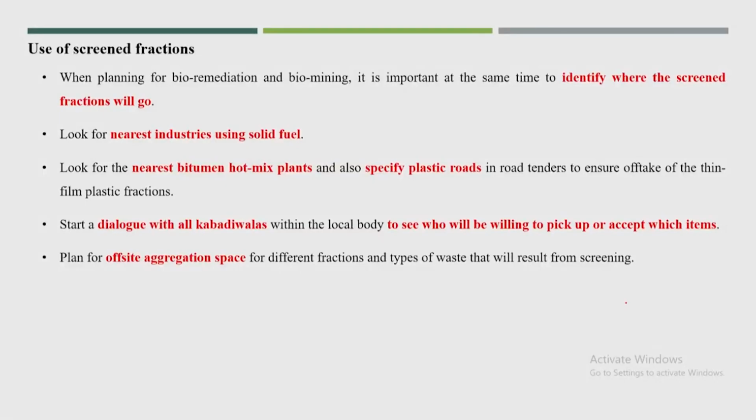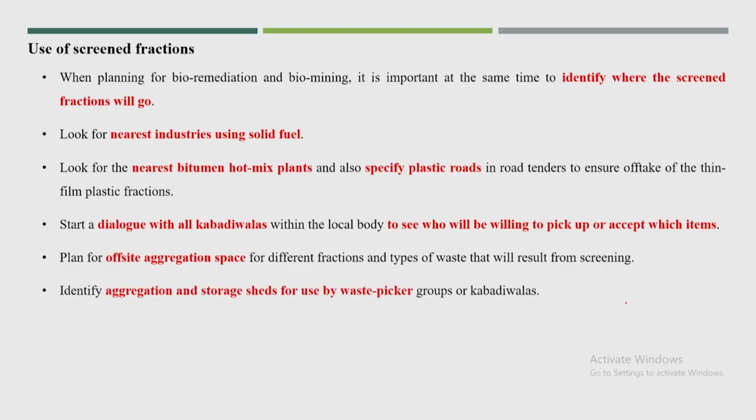Plan for offsite aggregation space for the different fractions and types of waste that will result from the screening. Along with that, you will already be in contact with local people who can utilize these kinds of material, but also plan for the offsite aggregation space, where we can put all these fractions in different locations.